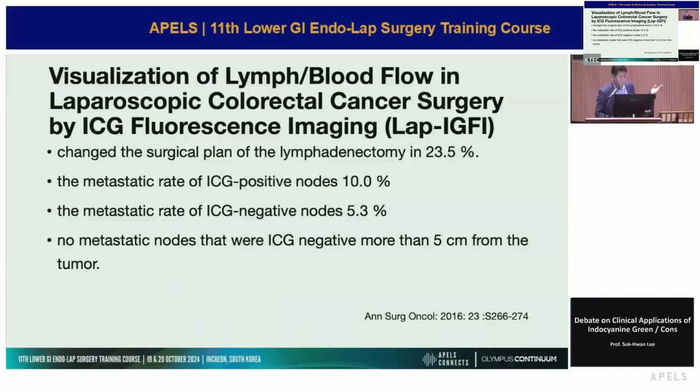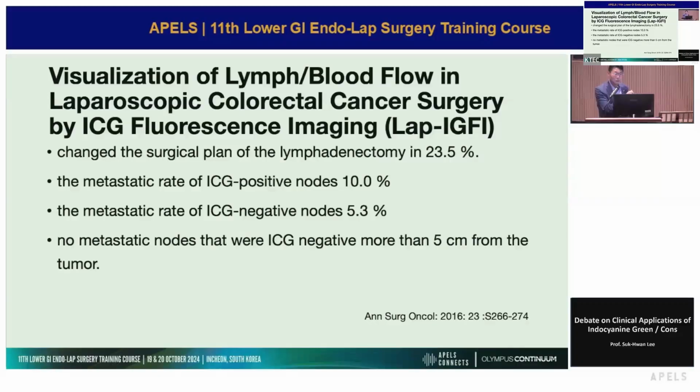This is the same thing I mentioned already. By using ICG lymphangiography, I think we usually do not change the surgical plane. During the previous talk, the last session's talk, Professor Son showed us lymphangiography and lymphadenectomy based on the ICG injection.